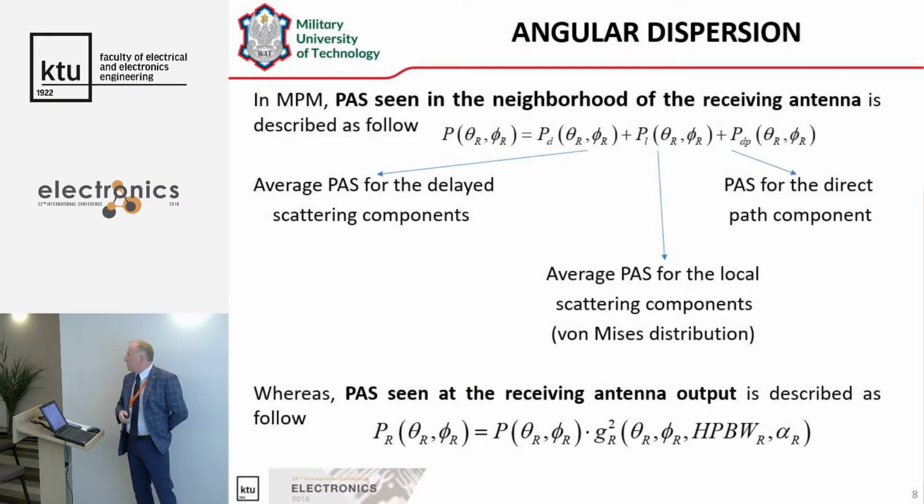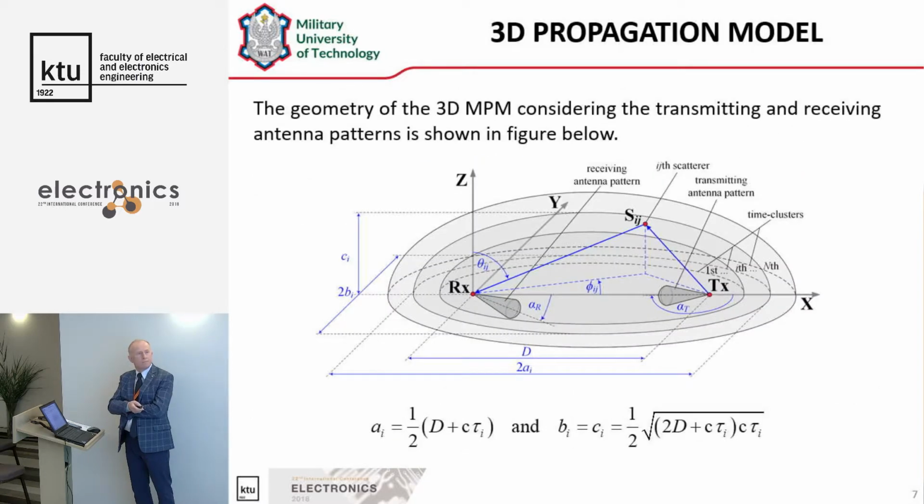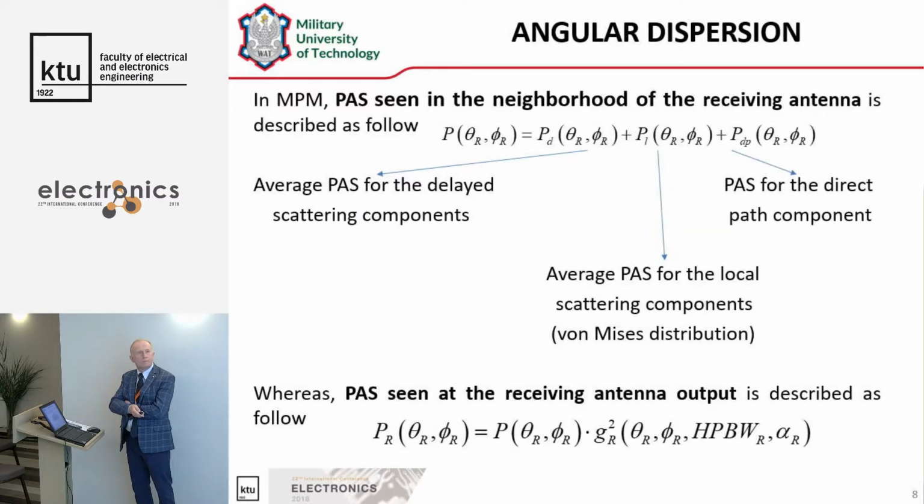Basing on this model, we can calculate the power angular spread seen in the neighborhood of the receiving antenna, this area, using this formula. So the power angular spread as a function of azimuth and elevation equals the sum of three components.